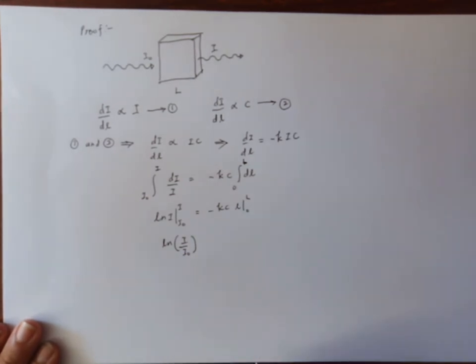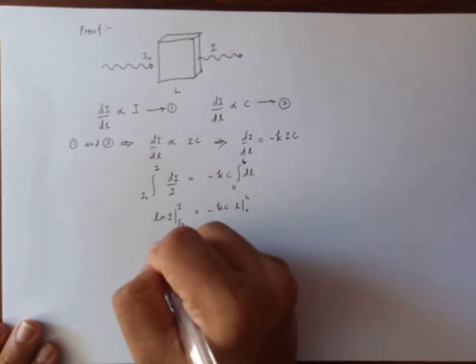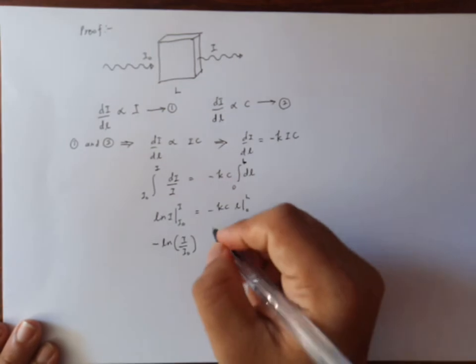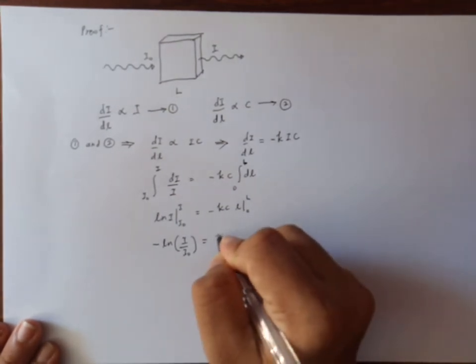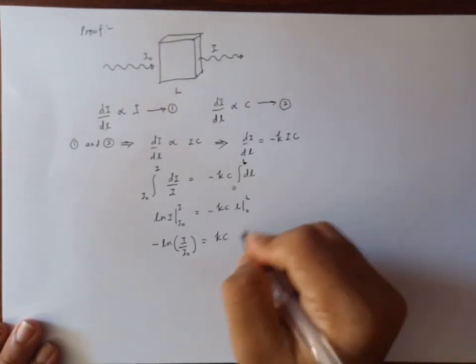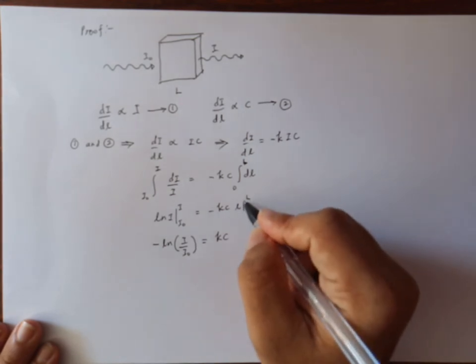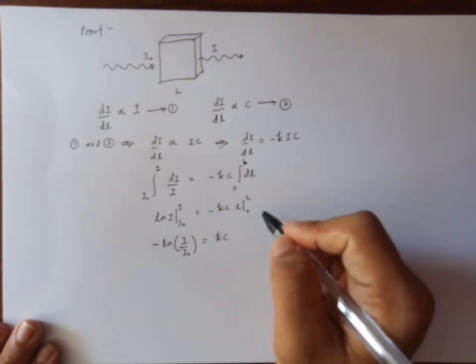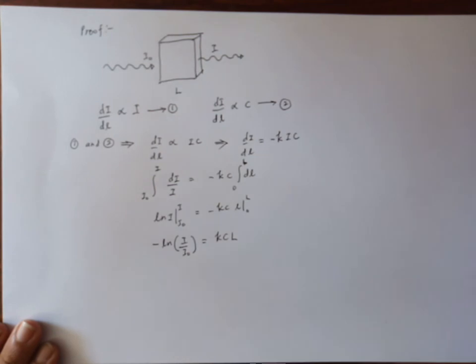Okay, and I take this minus sign to this side, therefore it's minus ln I over I naught, and then we get here kc times, substituting L minus 0, so we will simply get L.